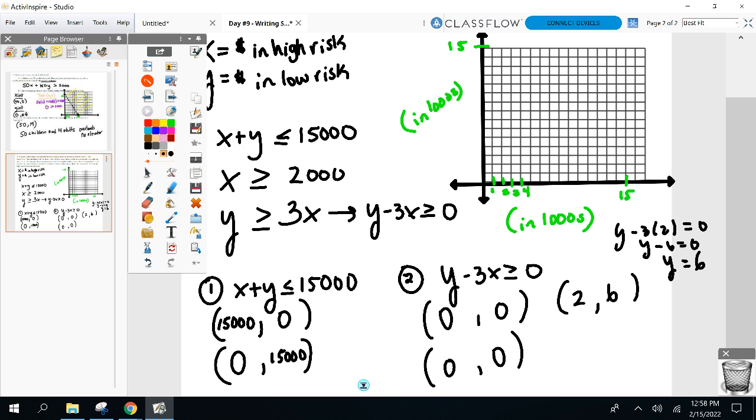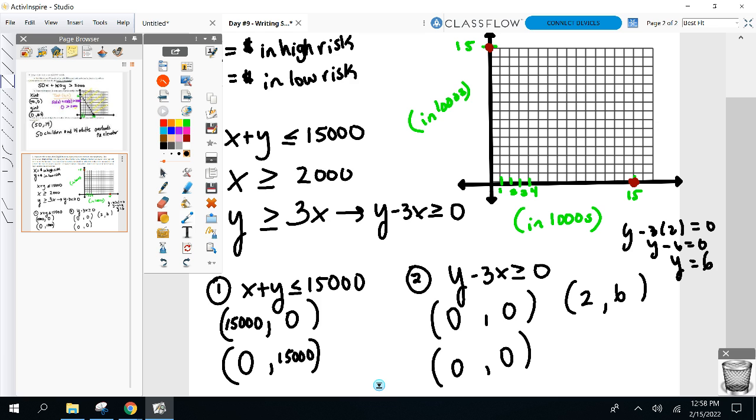So let's graph the first one, x plus y less than or equal to 15,000. Dashed or solid? Solid. Solid, okay. I'm in for that. Just connecting the 2 points with my straight edge, that's it.